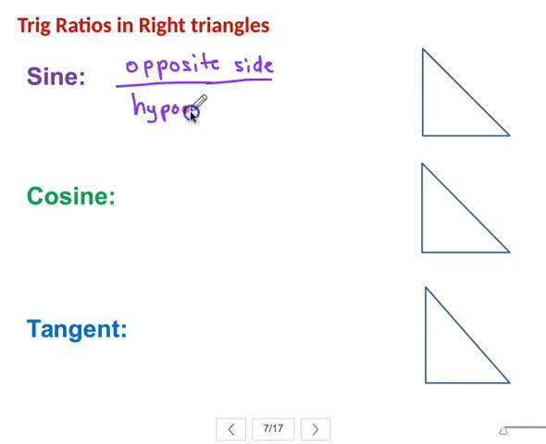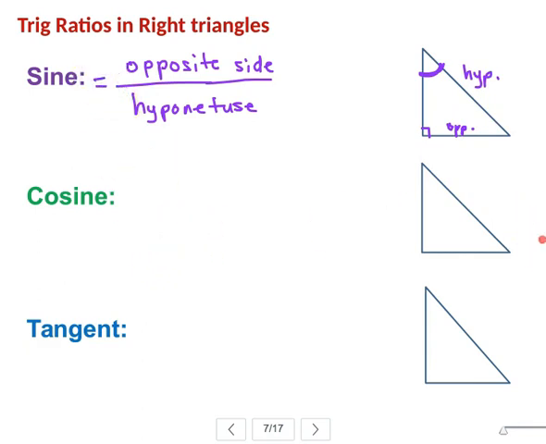That is why we just reviewed on the previous slide where these things are located. So if we choose this as our reference angle, then the opposite side would be right here, opposite side over the hypotenuse. That is the sine ratio.